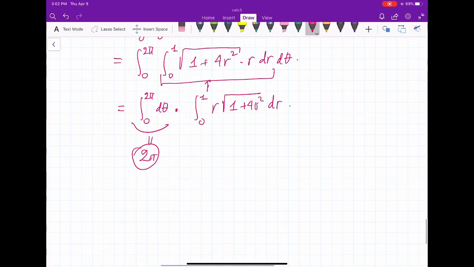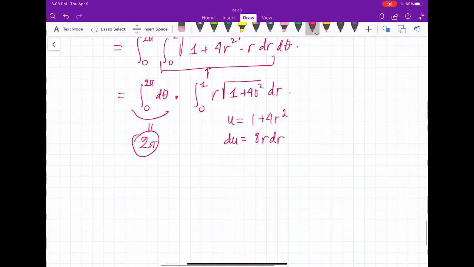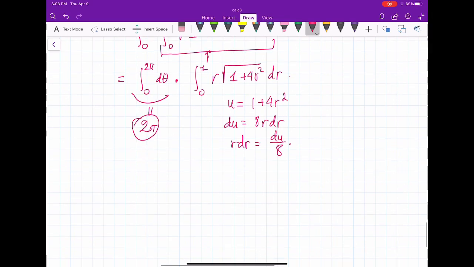So for the second guy, I put u equal to 1 plus 4r squared. I have du is 8r dr. And from here we get r dr is du over 8, right? Let me find the antiderivative of that function. So I have the square root of u, du over 8, right?